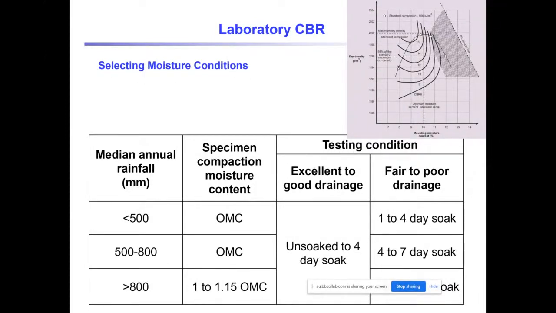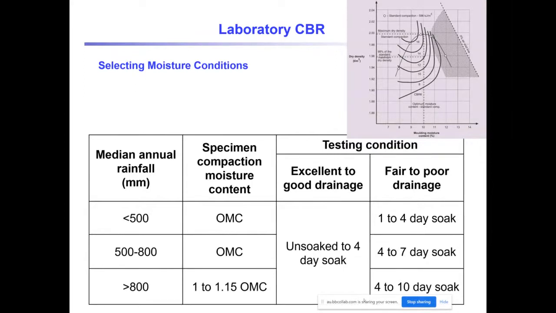So here is the table. We went through this one last week. If you can, for example, provide excellent to good drainage condition, you can even consider an unsoaked sample. But if it's fair to poor drainage condition, then you need to at least soak the sample for 1 day, depending on the median annual rainfall.